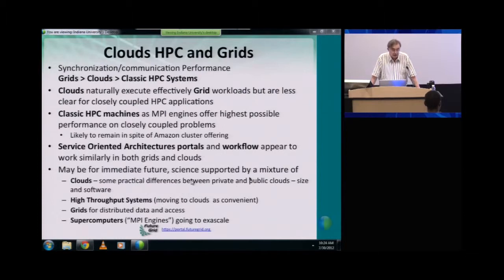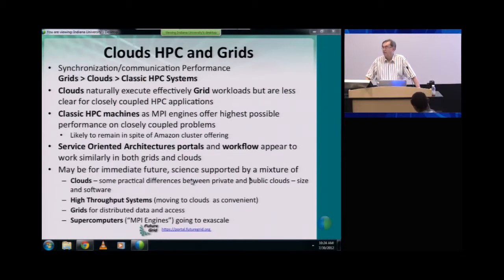So I already pointed out some key differences between clouds and HPC, and it's really quite simple. Namely, if you look at synchronization cost, if you go to a grid, the machines are sitting geographically a long way apart, and you would have many milliseconds of latency between the different machines. If you go to Sequoia, those nodes have highly optimized software and highly optimized networks.